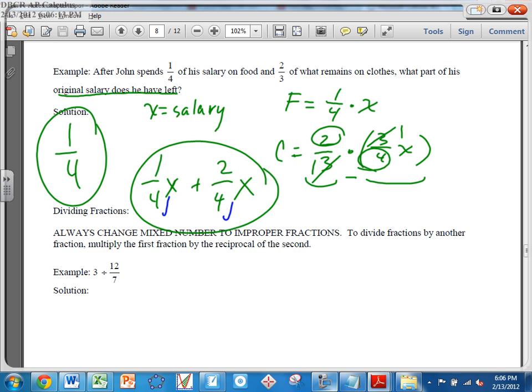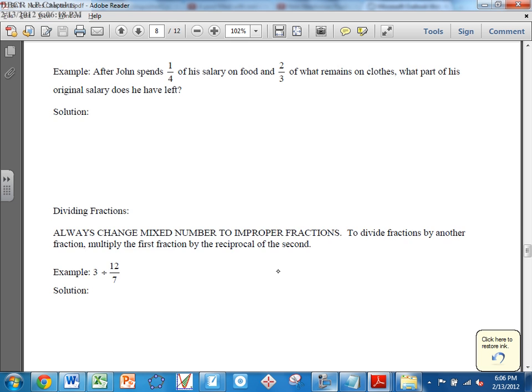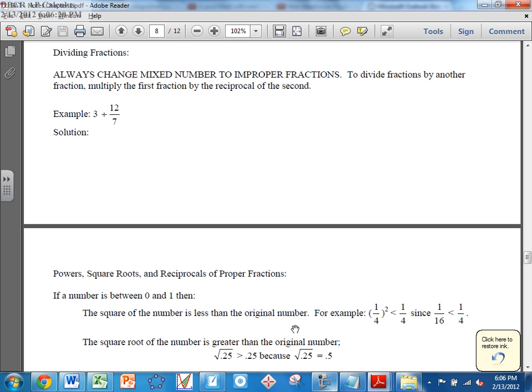Dividing by a fraction, please multiply by the reciprocal. Your rule for this will always be the same, no matter what you do. Whenever you divide by a fraction, you must multiply by the reciprocal. It's a rule that you're going to use throughout pre-calculus, throughout calculus, and beyond.